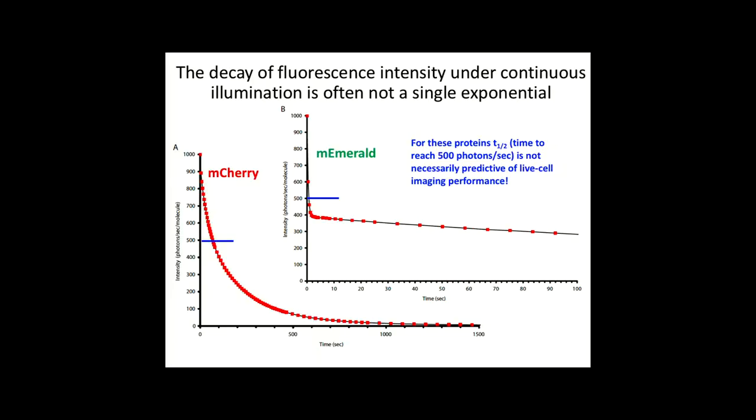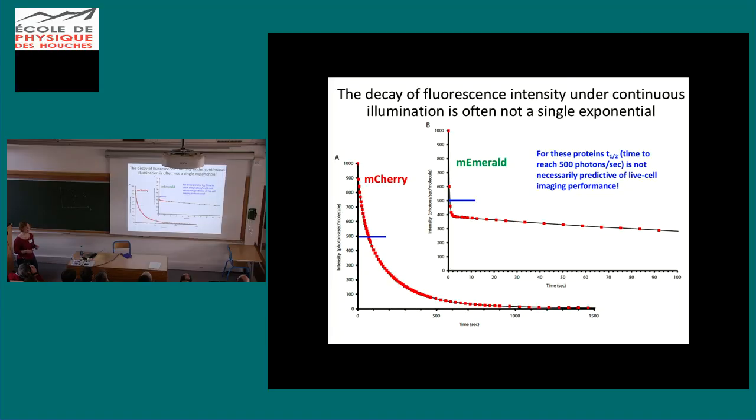Okay, so this is an example of what he's referring to about fluorescent proteins refusing to have a single exponential decay. So mCherry is actually pretty good. This is the fluorescence decay upon illumination. And so here's that 50% mark. So you go from 1,000 photons per second to 500. But you compare that to mEmerald and you see this rapid decay followed by actually a very slow phase.